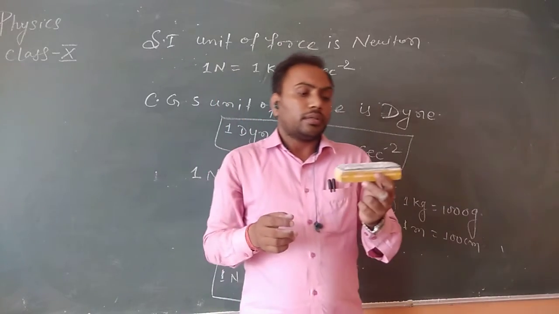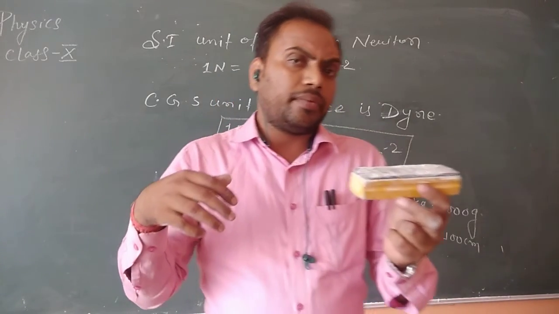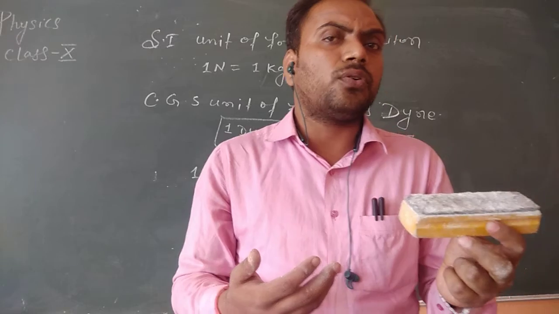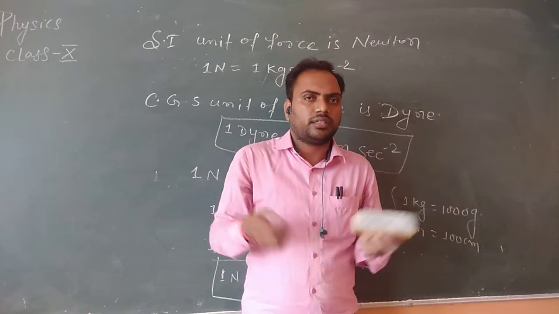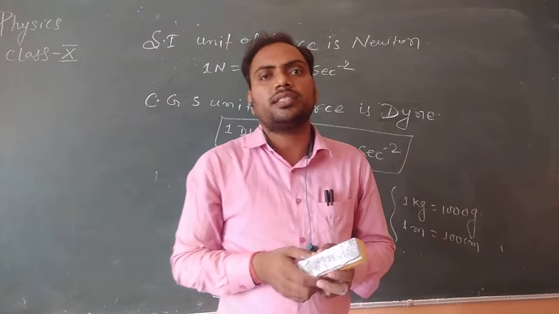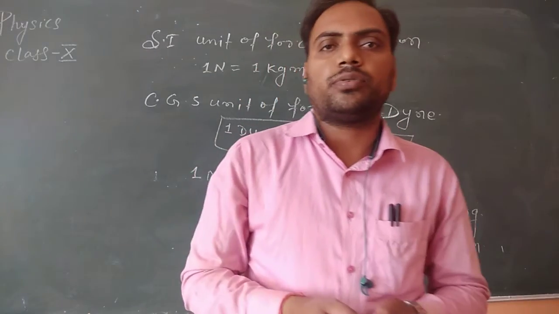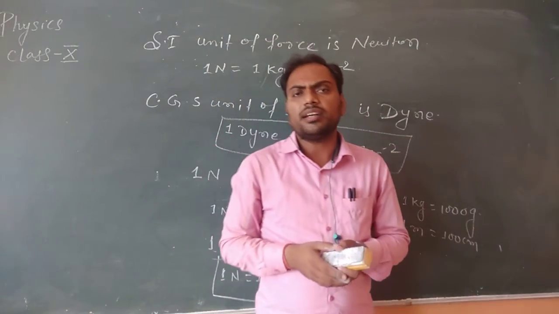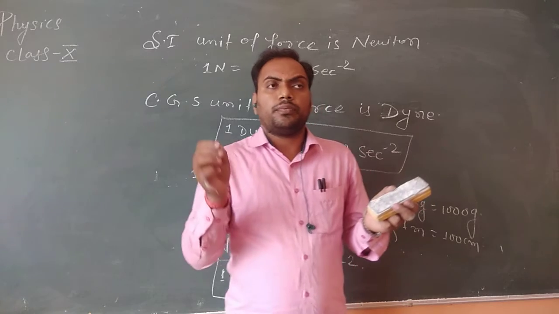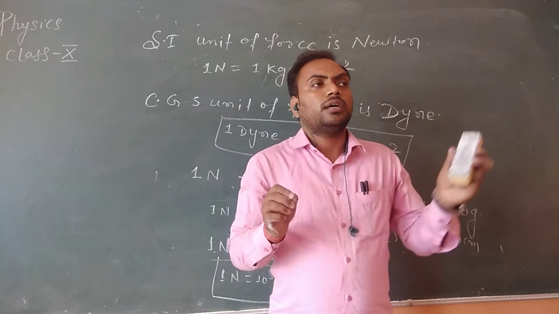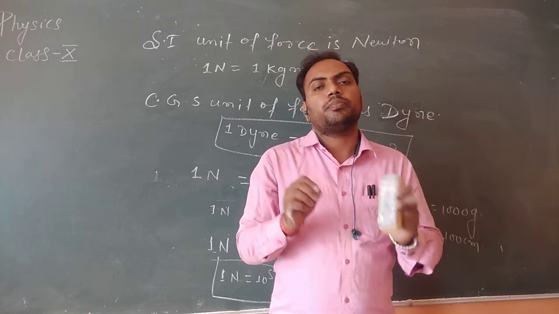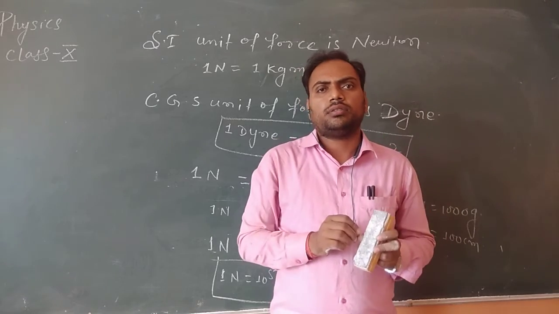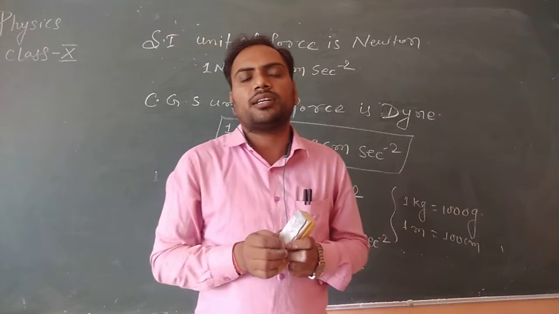If we apply force on another body without being in contact, that force is called a non-contact force. Where do we find non-contact force? If we move one magnet, the other magnet will definitely move without being in contact, if it is in the region of the magnetic field.